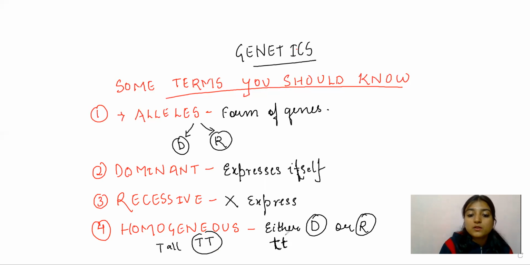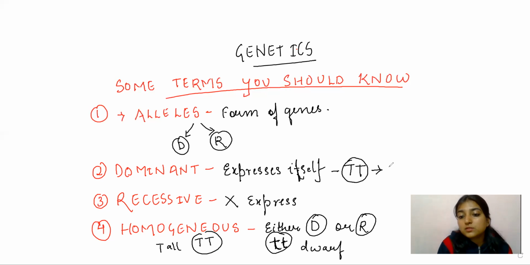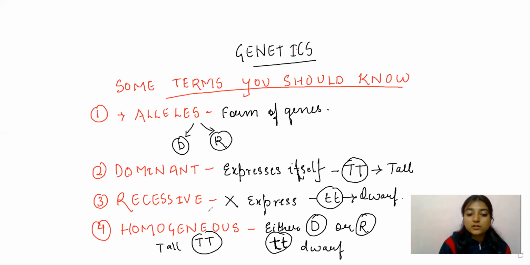Here the capital T is the dominant one, because it shows the phenotype tall. If it is recessive, small t, it is dwarf. So in the homogeneous type, it should be either both dominant or both recessive. If both are dominant or both recessive, then it is termed homogeneous.